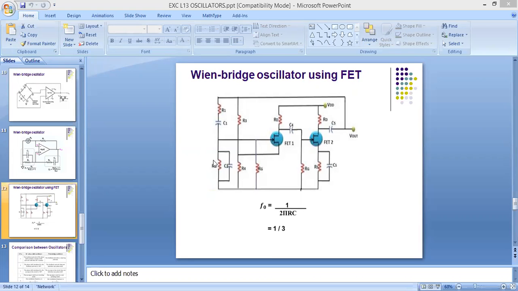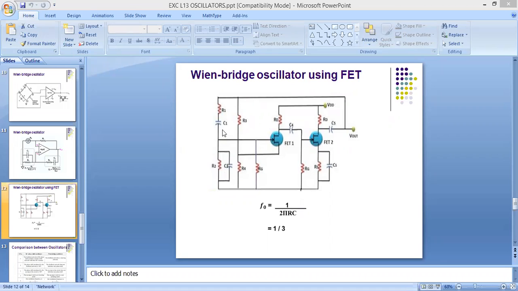We can have continuous variation of frequency by varying the value of the capacitor and the resistor, because we are using one resistor as a rheostat. So the two capacitors in the Wien bridge oscillator, C1 and C2, can change continuously.